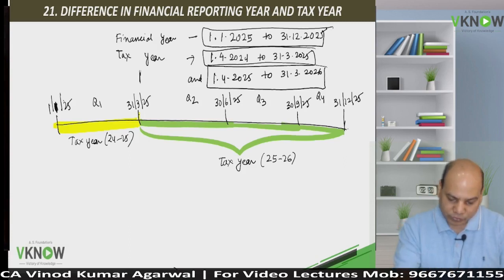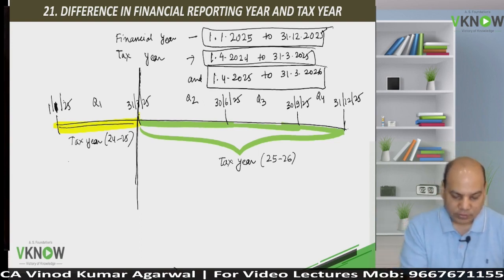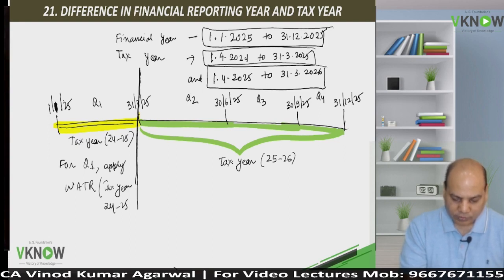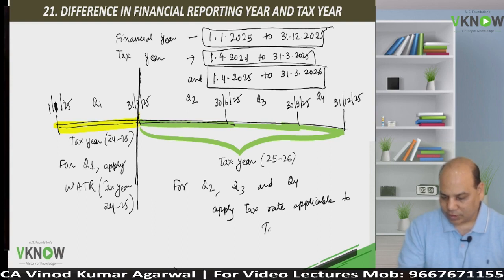So what we'll do, we will apply 2 weighted average tax rates. For quarter 1, apply the weighted average tax rate applicable for tax year 24-25, and for quarter 2, quarter 3 and quarter 4, apply the tax rate applicable to tax year 25-26.